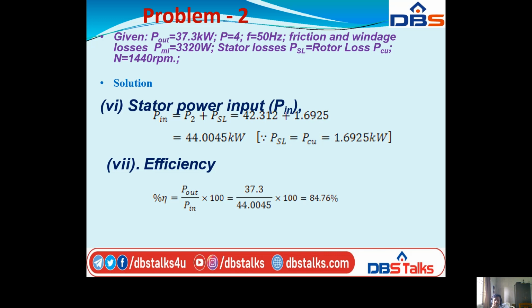Stator input PI is equal to P2 plus PSL. P2 42.312, PSL, that is stator losses, 1.6925, that is equal to 44.0045 kilowatt. That is the stator power input. Efficiency is equal to output by input, output 37.3 divided by input 44.0045 into 100, that is equal to 84.76%.